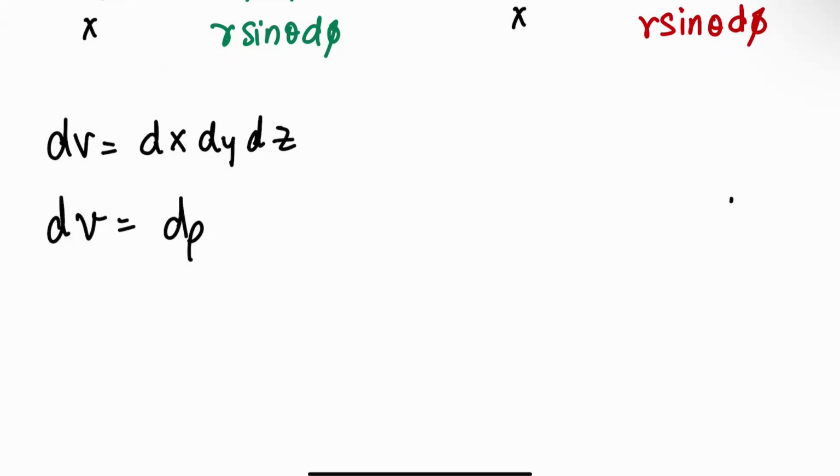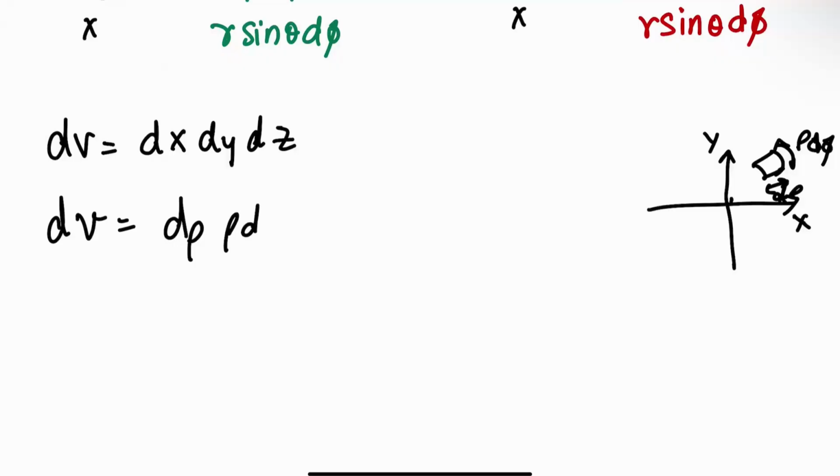It can be a small sector. So let's say I take a small sector like this, and I make a volume. This is in the xy plane, and the z is just z. This length we saw was nothing but rho d phi. This length is d rho, and the other length is dz. So you get d rho times rho d phi times dz, which is rho d rho d phi dz.